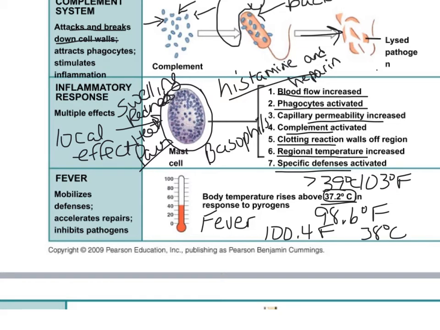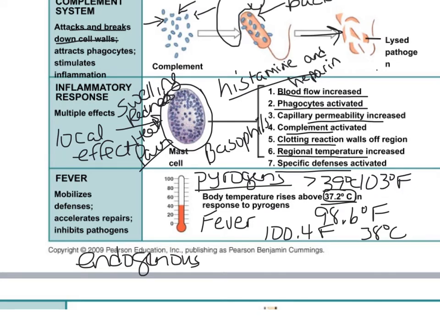So what causes fever? There are things called pyrogens that cause fever. Some pyrogens are what we call endogenous, and that means they're coming from inside your body.